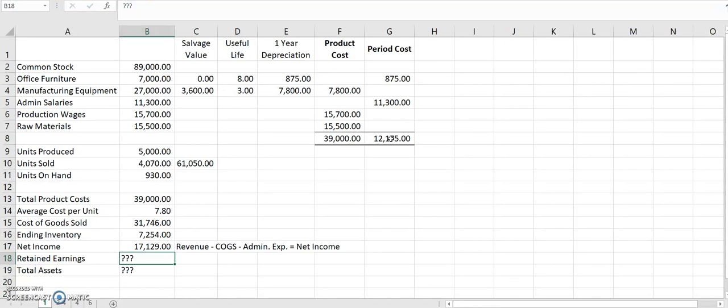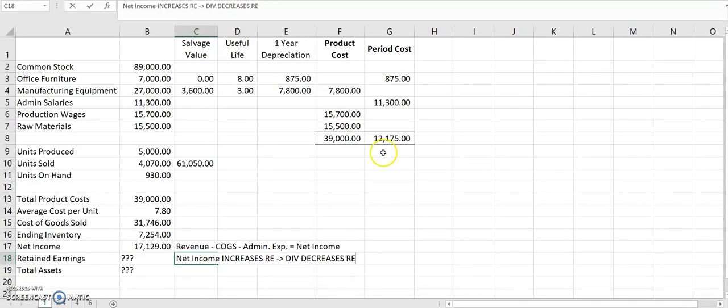Okay, again, because this is our first year of operations, we know that our net income is going to increase our retained earnings. The problem tells us that no dividends were stated, so we know that dividends were not paid. So, again, net income increases retained earnings, and dividends decrease retained earnings.